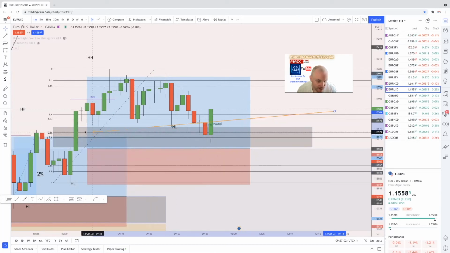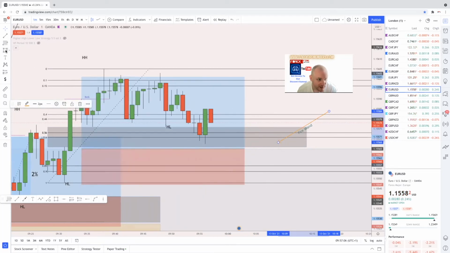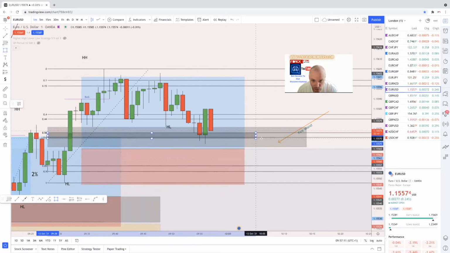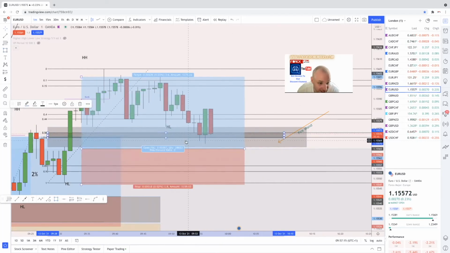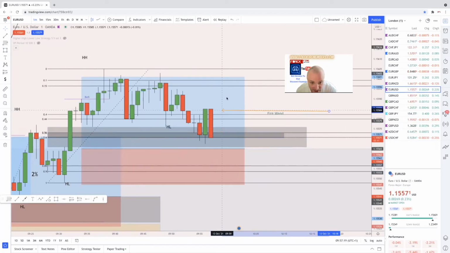Like I say, I like to draw these things out. This fire zone here is nested within that imbalance area. So again, we might get the rejection of this area here. Hopefully we'll come down and get the touch on this, but at the moment it's respecting the nested area. We're getting the push out, it's coming down. Let's see if we can get the push and then touch.